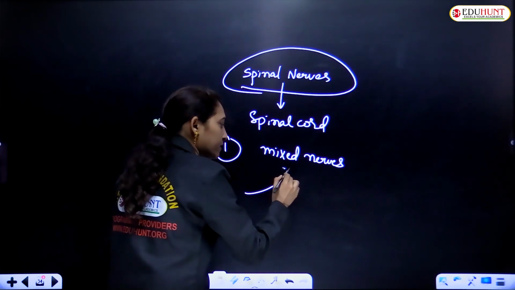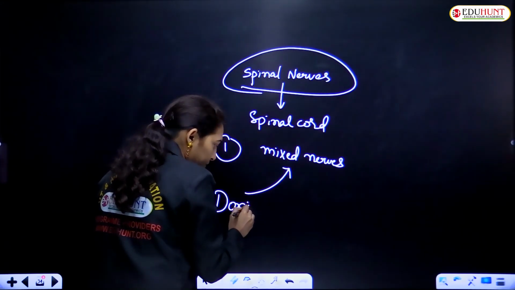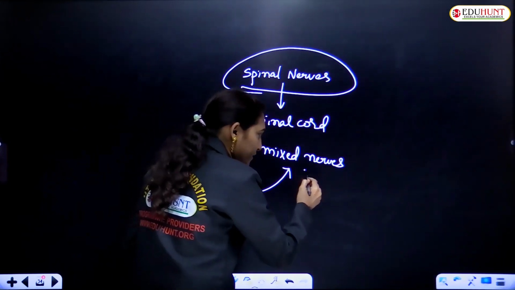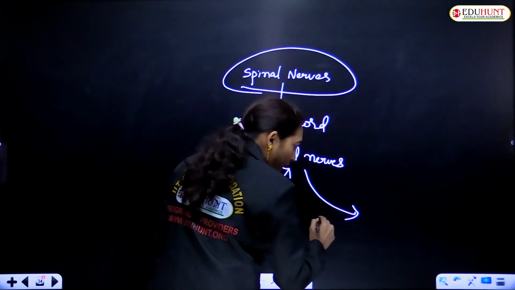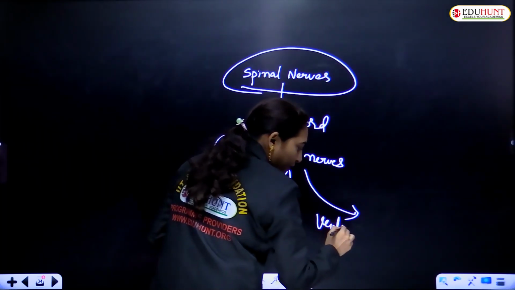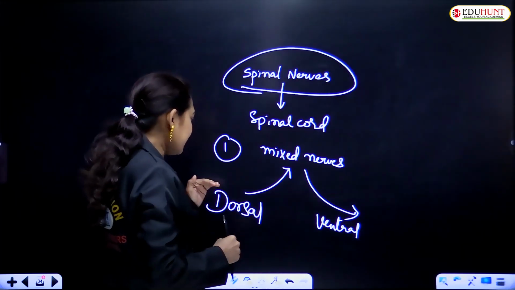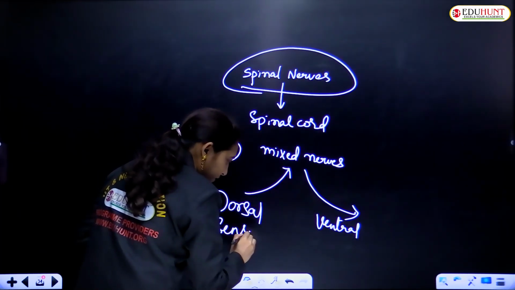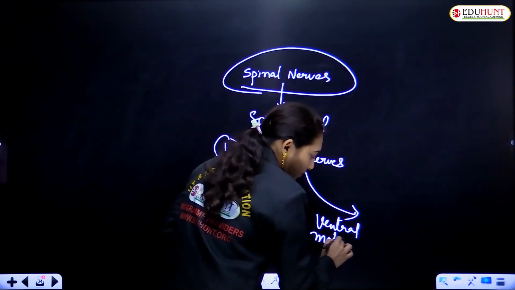One root is afferent, called the dorsal or the posterior root, and the second is efferent, that is the ventral or the anterior root. The dorsal root is called the sensory root and the ventral is the motor root.